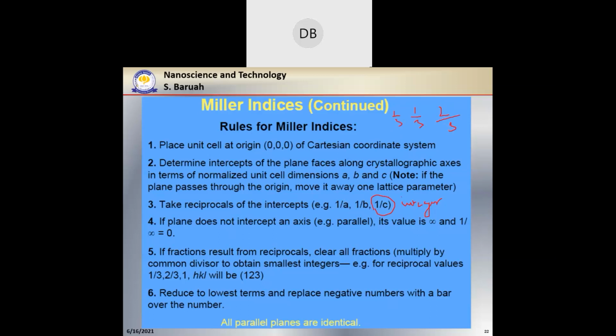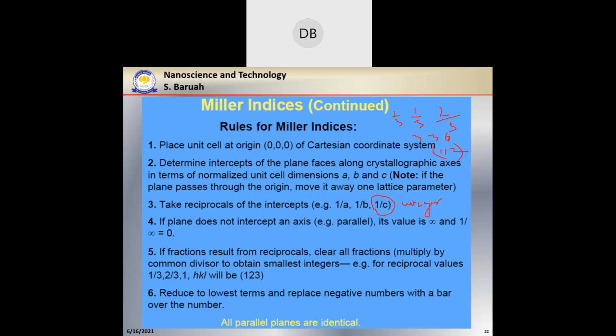What you will do, since you have 3 below, you multiply with 3 and you get 3, 3, 2, right? Sorry, 6. But then you can bring it down because you see these are all divisible by 3, so your Miller indices will actually be 1, 1 and 2. That means if your calculations give you these values, your Miller indices will be 1, 1 and 2. Okay, I hope this is clear.